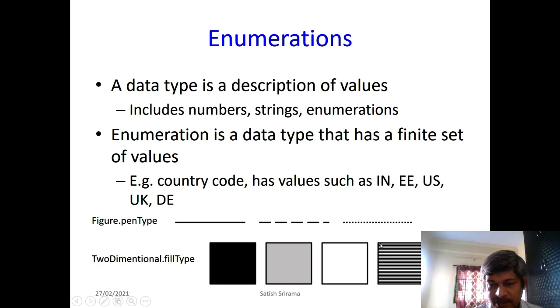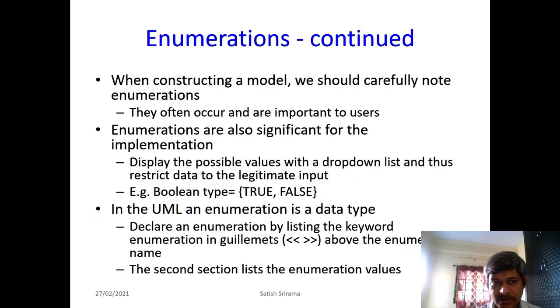Or the fill type can be dashes, so horizontal straight lines, or even cross lines. These are the different fill types in the two-dimensional class which we have discussed earlier. It is also good to represent these as enumerations. More or less, an enumeration is a data type that has a finite set of values. Wherever it matters, we should be using it.